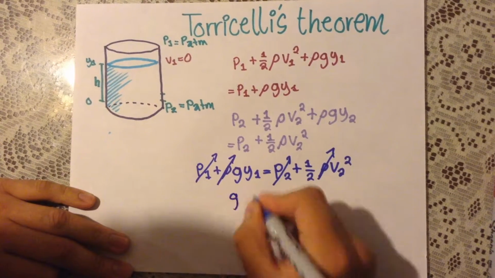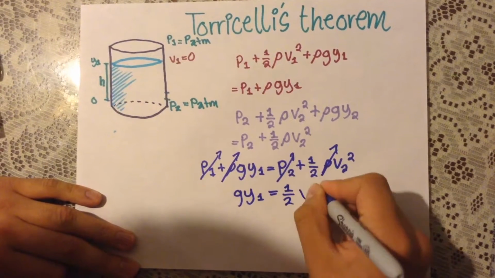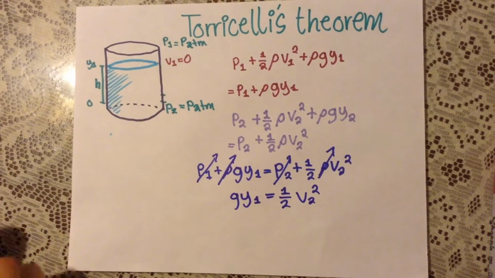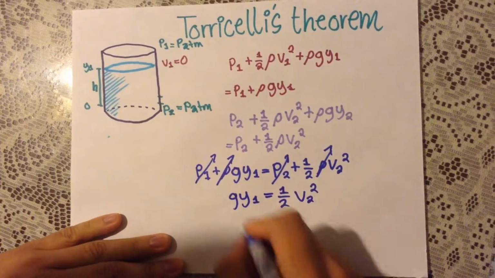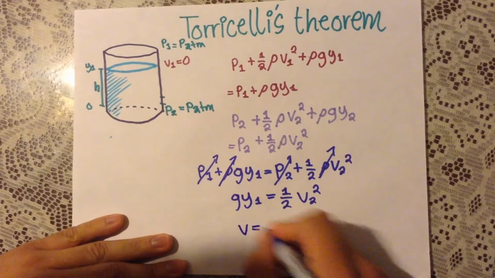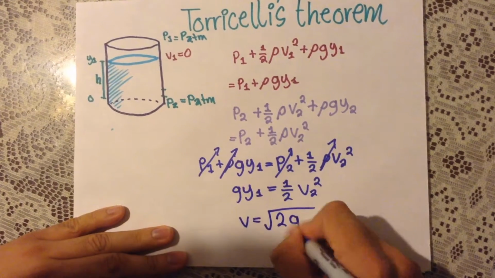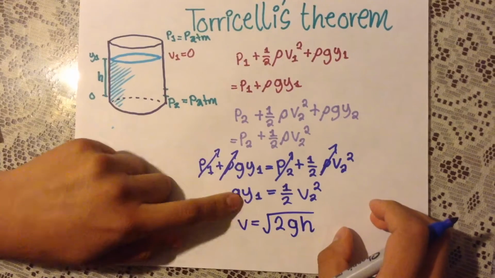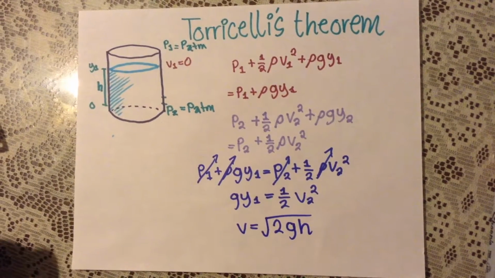And we only get this, and that equals Torricelli's theorem, v equals the square root of 2gh, because h equals g1, that is the height, and that's all.